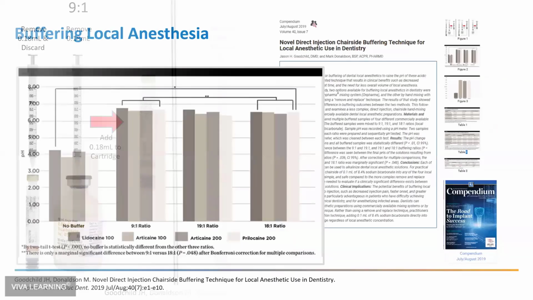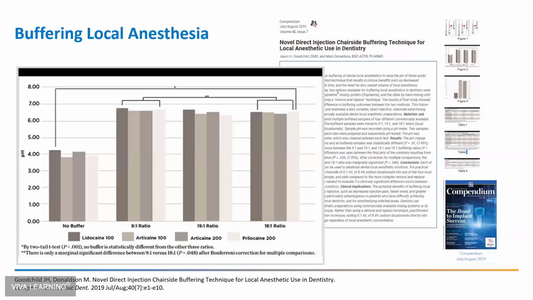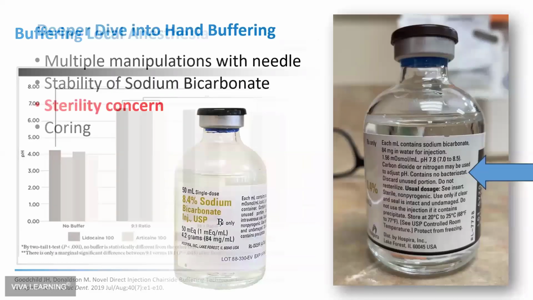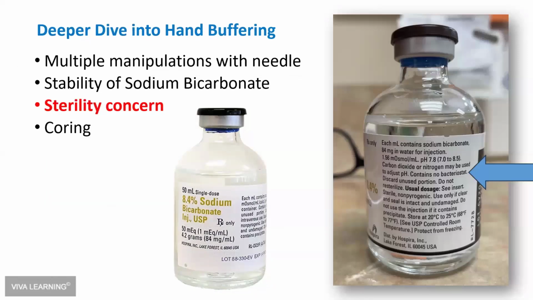The reason I like the idea of direct injection is that it's fewer manipulations with a needle. It's easier to do. But I also mentioned that direct injection, or the hand buffering technique, does come with some concerns. When you're dealing with a vial of bicarb, you have to know that these vials do not contain any bacteriostat.